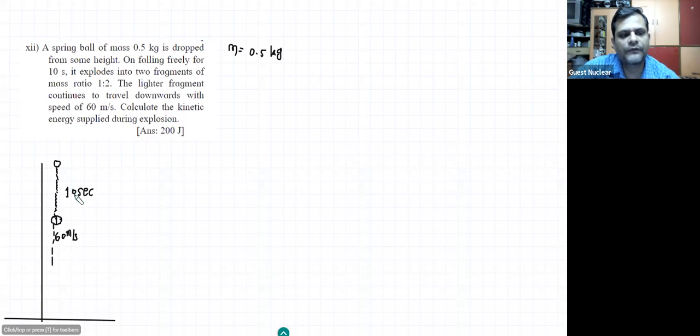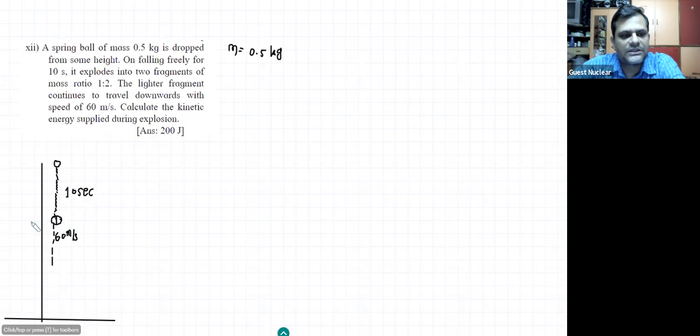So that difference we have to find out. That means finally we have to find out the kinetic energy after the explosion minus the kinetic energy before the explosion. But for that, we will require the velocities after the explosion and before the explosion also.